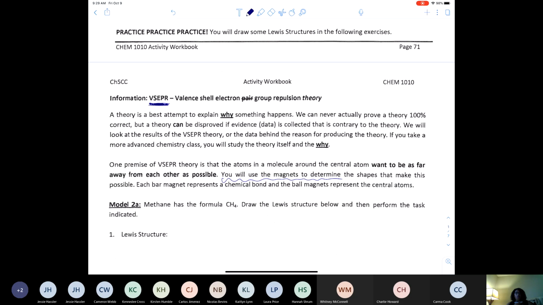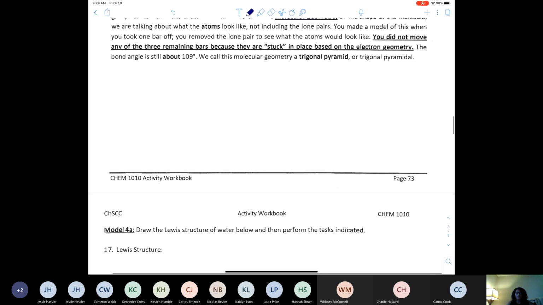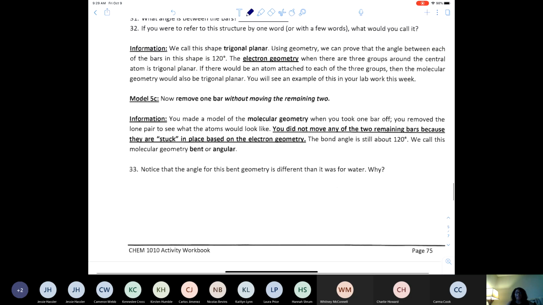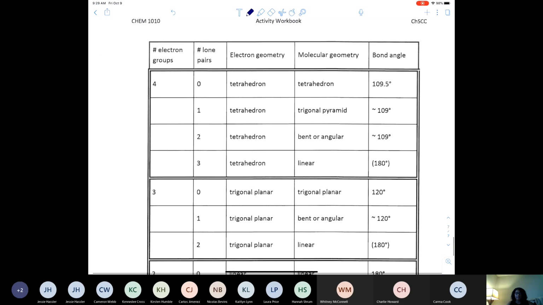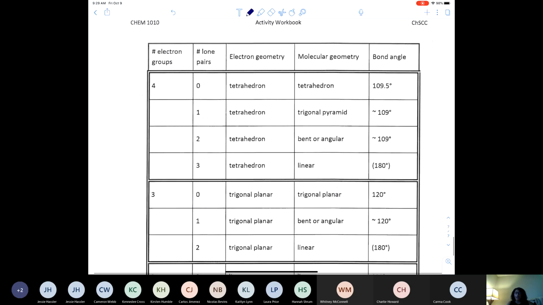And then you're going to use this little data table at the end of our document, and you're going to predict the bond angle for each of your Lewis structures and the molecular geometry, which is also called the molecular shape.